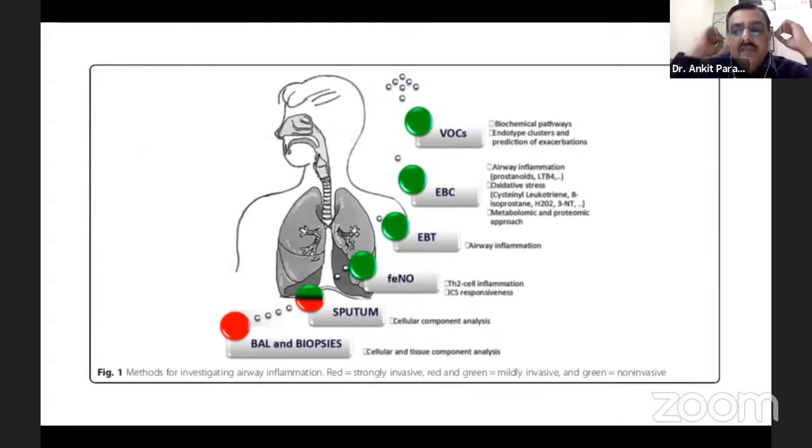Well, there are lots of things in literature which can test inflammation in the airway, from bowel and biopsies to volatile organic compounds. But what has been used most frequently in clinical practice, because it is non-invasive, is a FeNO, or the exhaled nitric oxide.